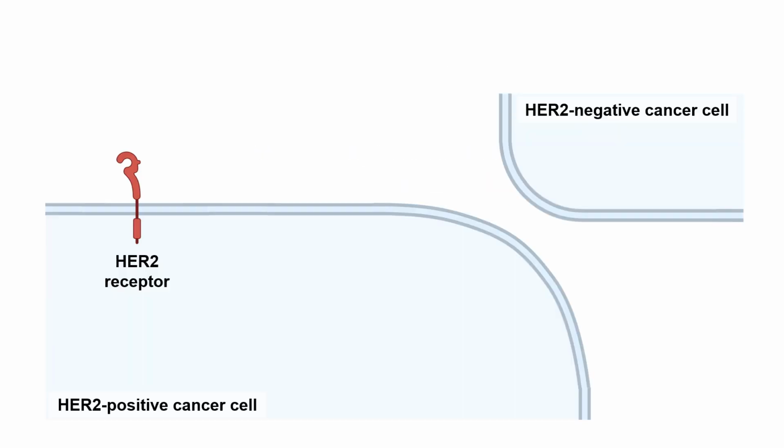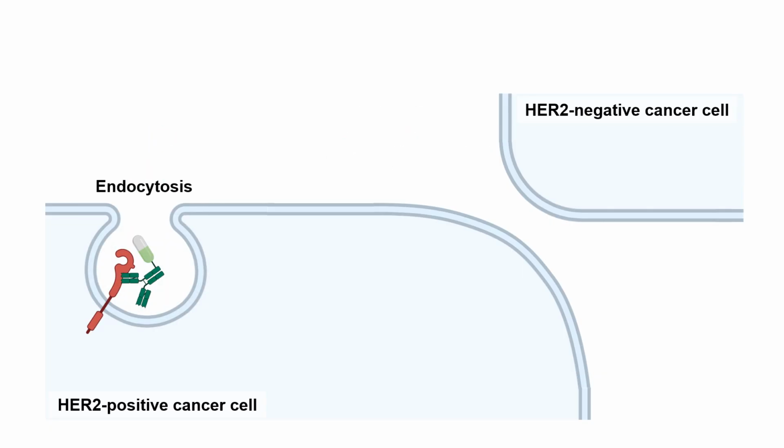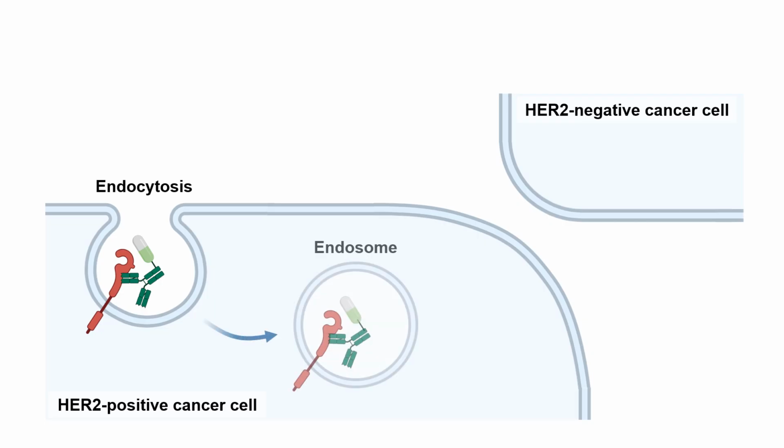Here is an interesting situation. In a solid tumor, there are HER2 positive cancer cells, but at the same time, some cancer cells are HER2 negative, but they exist close enough together. So an ADC drug was added. It cannot recognize the HER2 negative cancer cell, but it can bind to HER2 on the positive cell and be internalized by endocytosis.